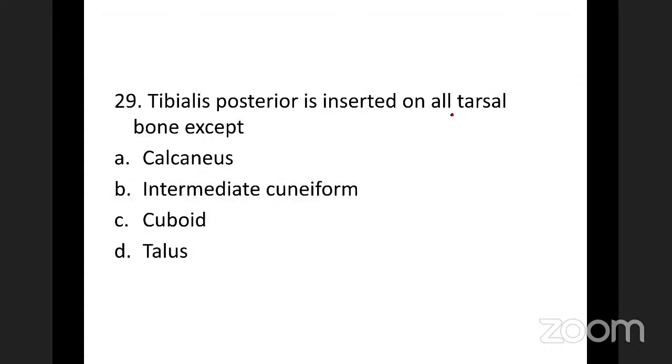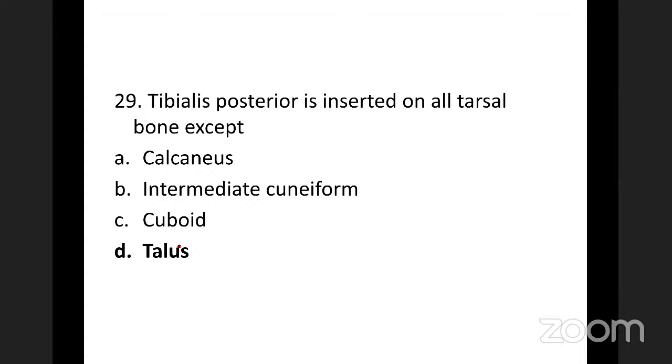Now, tibialis posterior is inserted to all the tarsal bones except: calcaneus, cuneiform, cuboid, talus. What is the answer, students? Excellent. Except the talus, and also the first metatarsal.